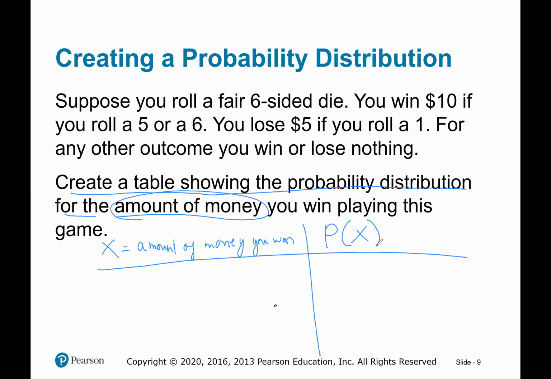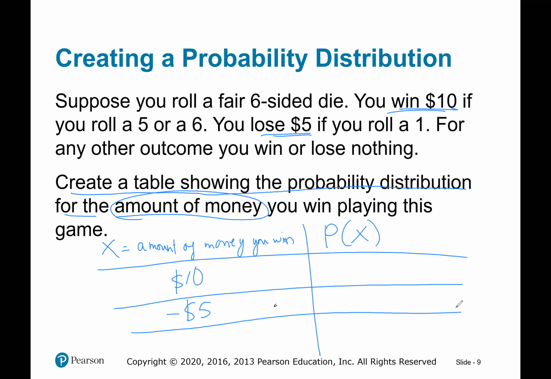First case, you win $10, so I'm going to say $10, because this is the amount of money you win. The second case is you lose $5, so I could put minus $5. And the last case is you win or lose nothing, so put 0.